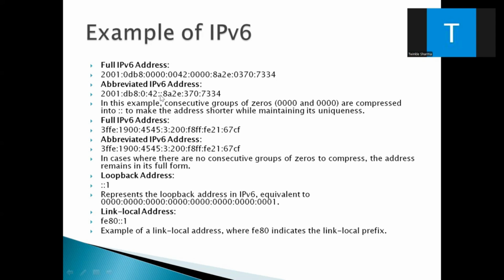In this example, consecutive groups of zeros are compressed into a double colon to make the address shorter while maintaining its uniqueness. In cases where there is only a single group of zeros to compress, the address remains in its full form, right?